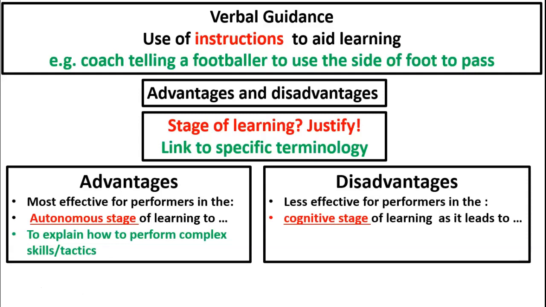You've probably been there yourself. And this is known as information overload. So the key thing there is too much verbal guidance is less effective for performers in the cognitive stage because of the creation of information overload.